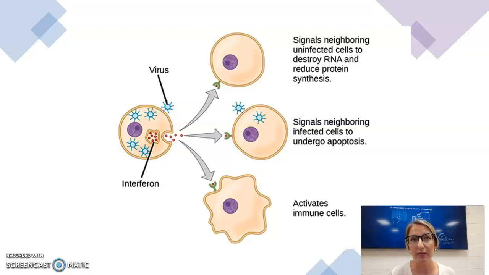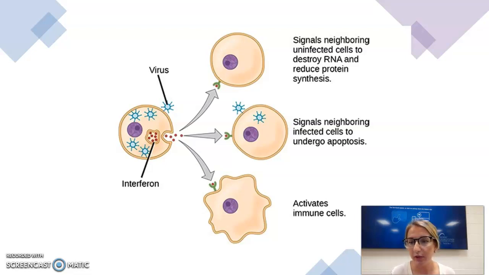Sometimes if the virus infects the cell, and the cell was warned through interferon, the cell can actually induce apoptosis and burst. Obviously in that case the cell would die, but it would die before it releases millions of viruses into the environment. So we would lose that one, but we would save millions of other cells potentially.